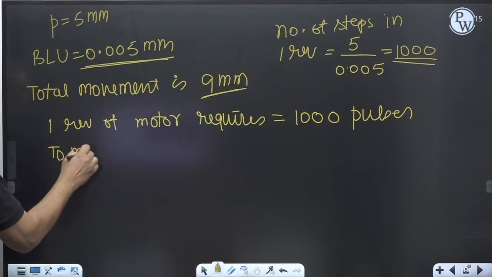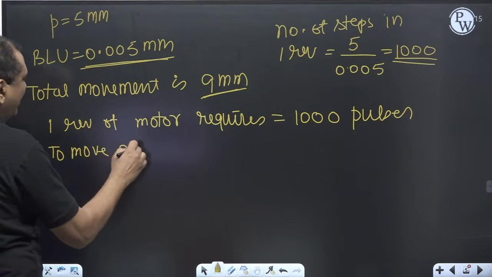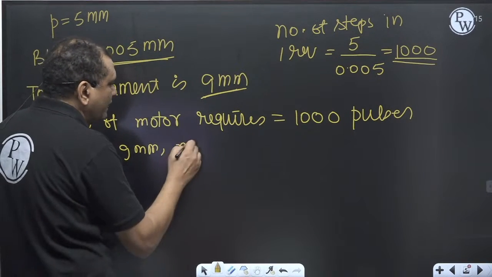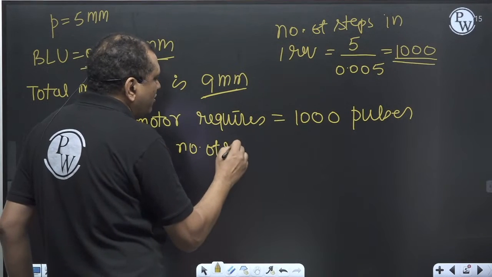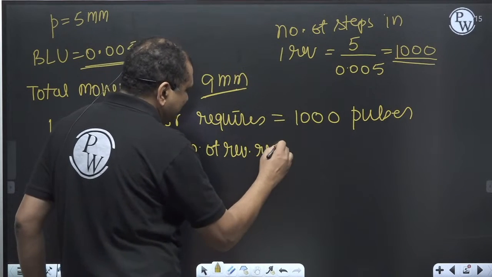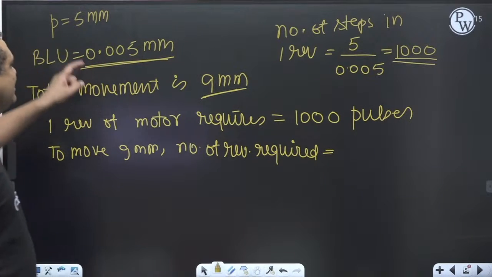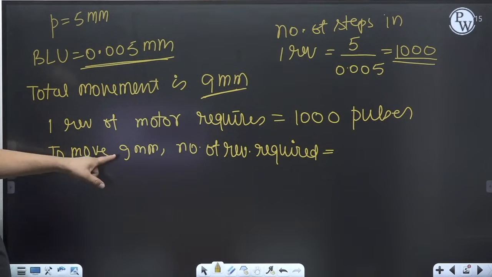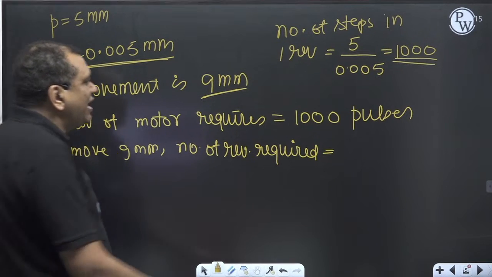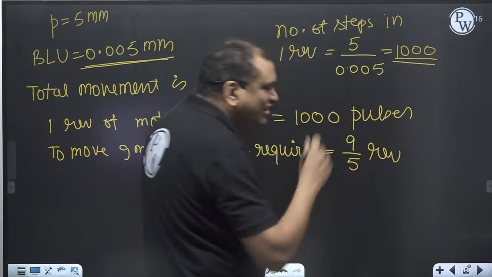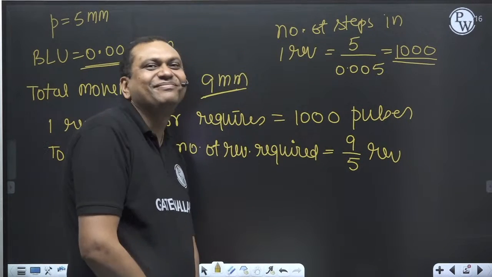To move 9 mm, what is the number of revolutions required? One revolution is 5 mm, so to move 9 mm the revolutions required are 9 by 5. Correct?